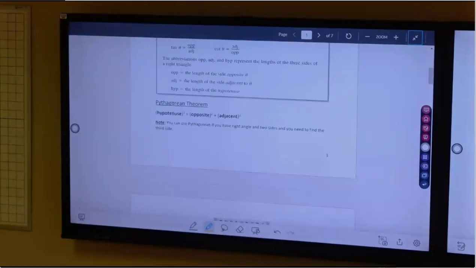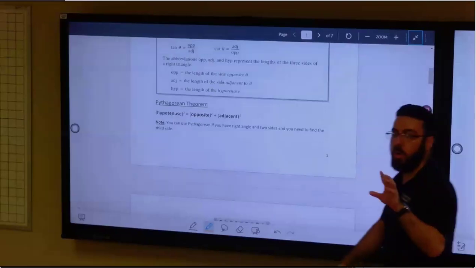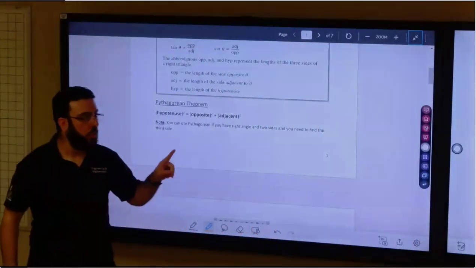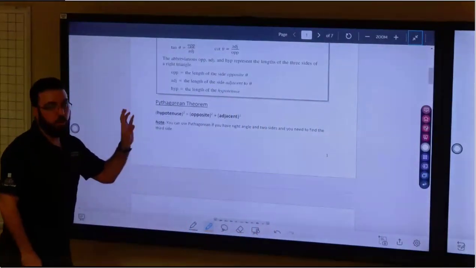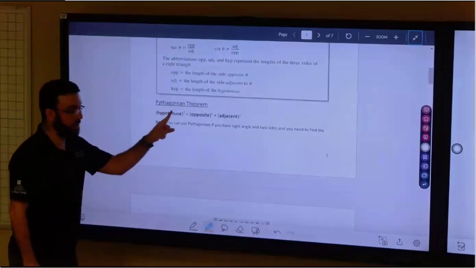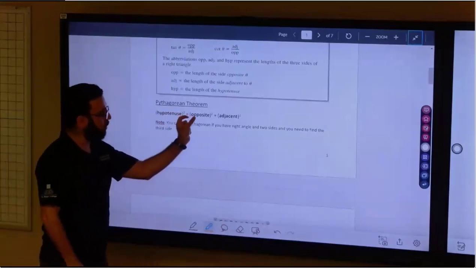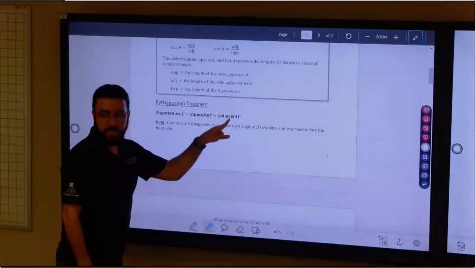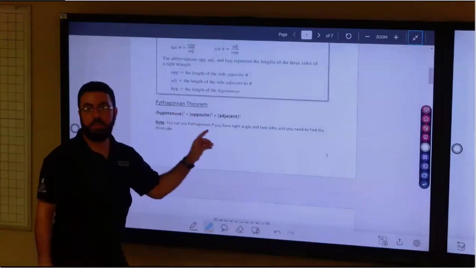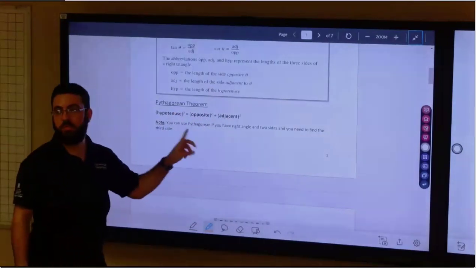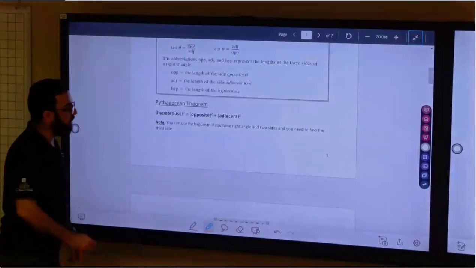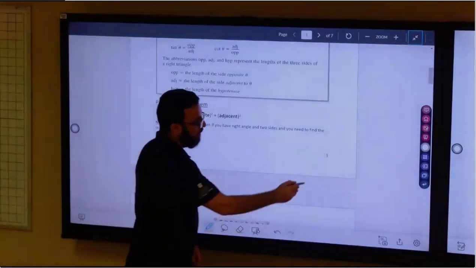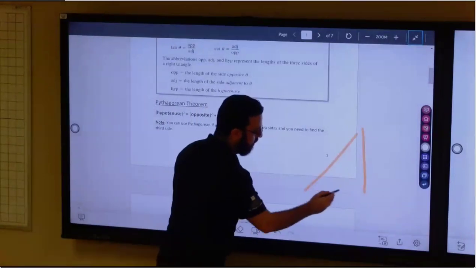So here's the thing: the Pythagorean theorem works with right triangles. The hypotenuse squared always equals the opposite squared plus the adjacent squared. You're going to use this theorem if you're missing one of the sides. Here's a triangle.